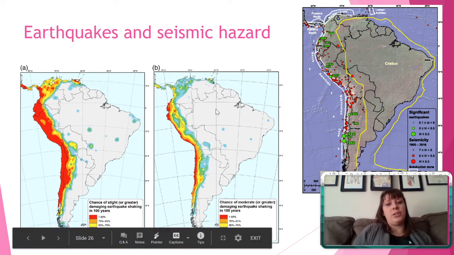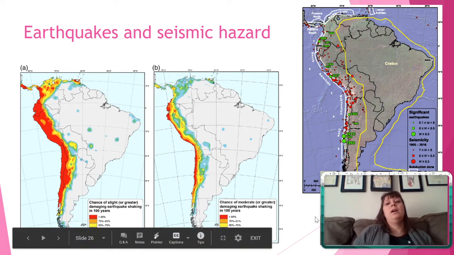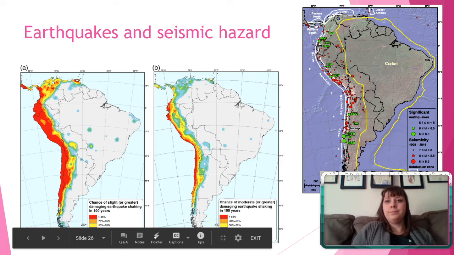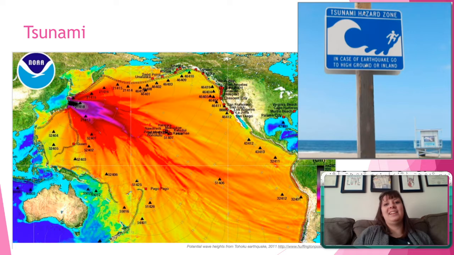This other one is a chance of having a moderate or greater, so a bigger earthquake in the next 100 years. And then this one over here is showing, the green dots are significant earthquakes, right? And in 2010, there's a really big one in Chile. I remember that one being on the news. So they happen, it's not something super rare. They happen from time to time.